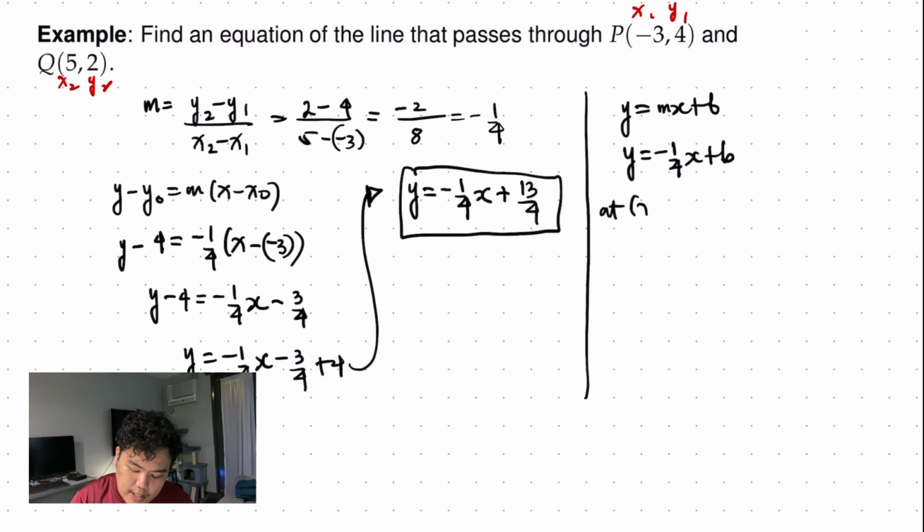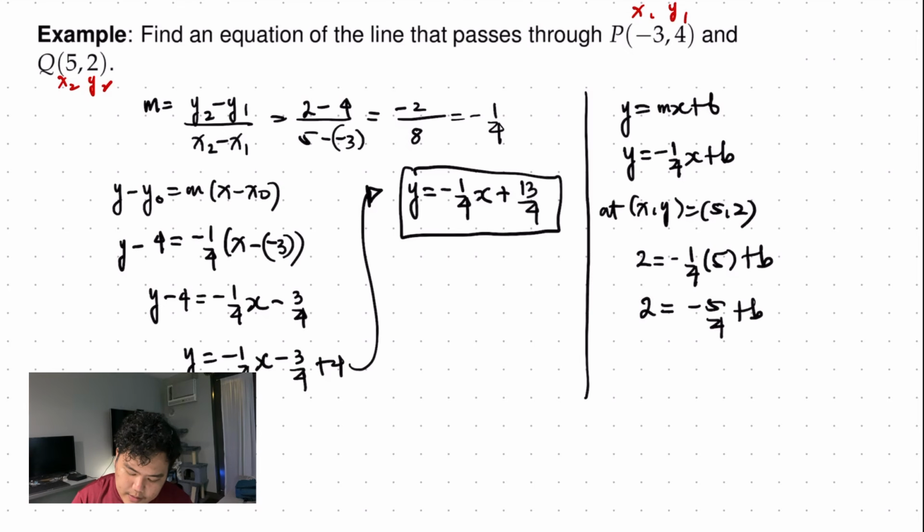So, at x, y equal to 5, 2, anong lalabas? We get 2 equal to negative 1/4 times 5 plus b, or 2 is negative 5/4 plus b. So, b is 2 plus 5/4 or 13/4.